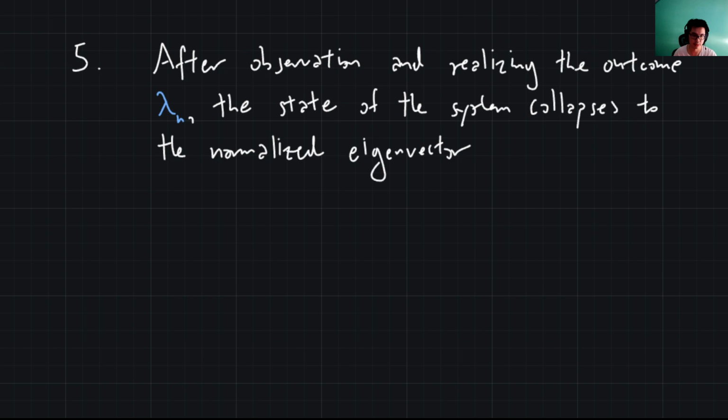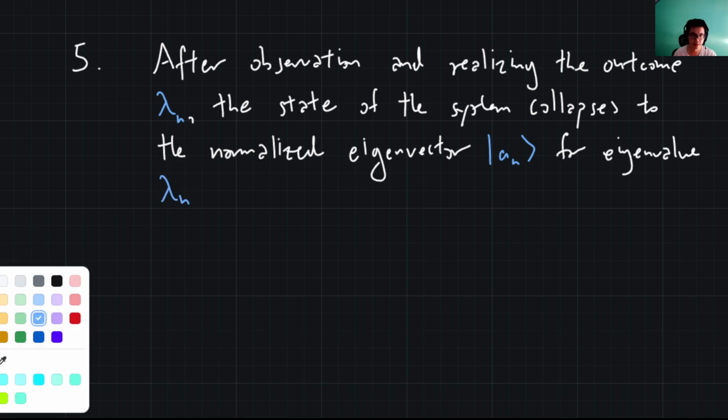Let's call this alpha a of n, for eigenvalue lambda of n.